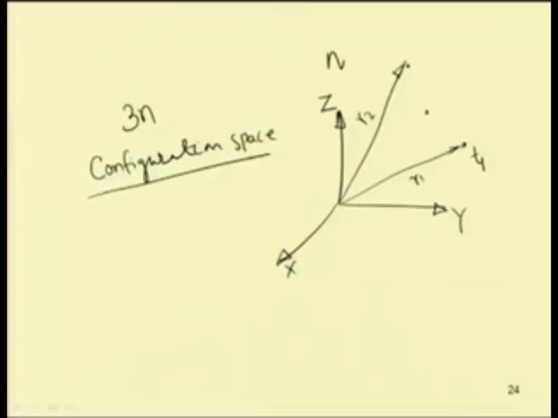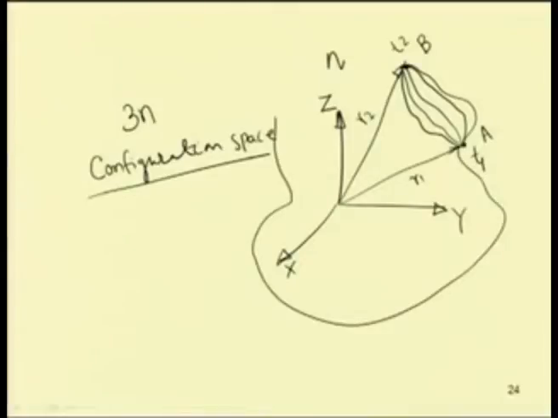To move from position A to position B, it can take an infinite number of paths. Either it can move this way, or this way, or it can take several paths to reach this position. So it can take many paths from position A to B to reach that position.